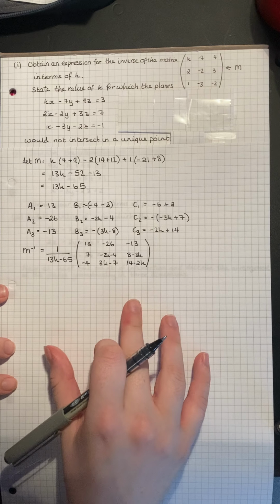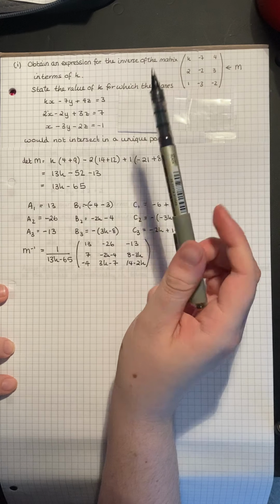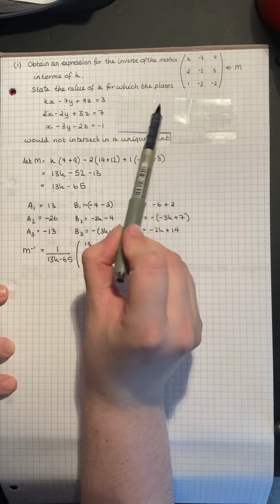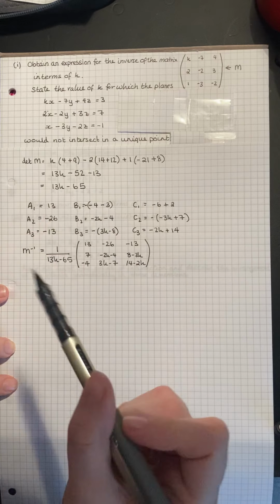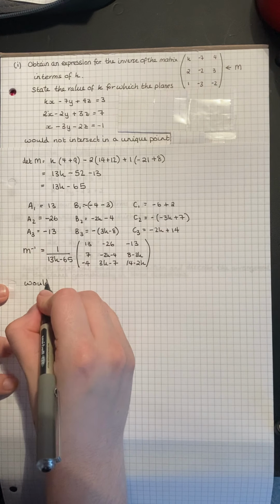Then we also need to state the value for which these planes would not intersect in a unique point. So the coefficients here are all the same as the matrix, so these would not intersect when that matrix is singular.